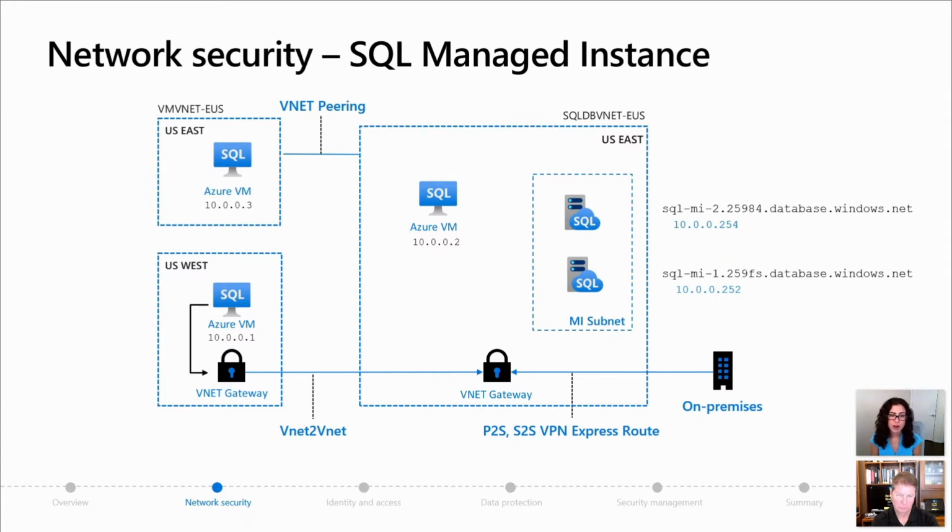It also has a private IP address associated with it. So it's very similar concepts. There are some things you need to consider because you have to have this subnet configured properly before you deploy a managed instance into it, and there's definitely more information on that in the learning module itself.